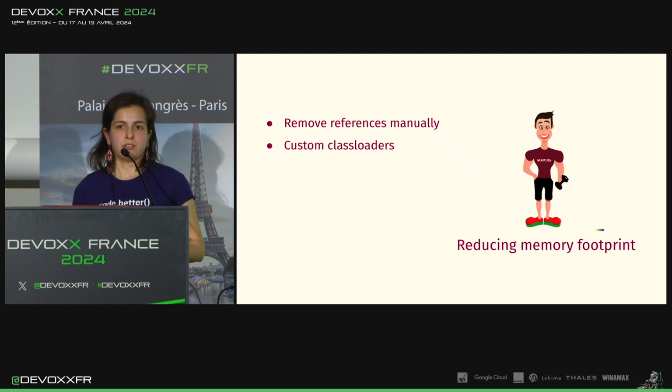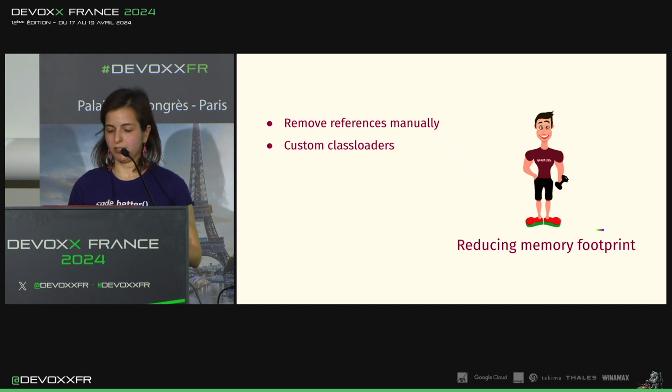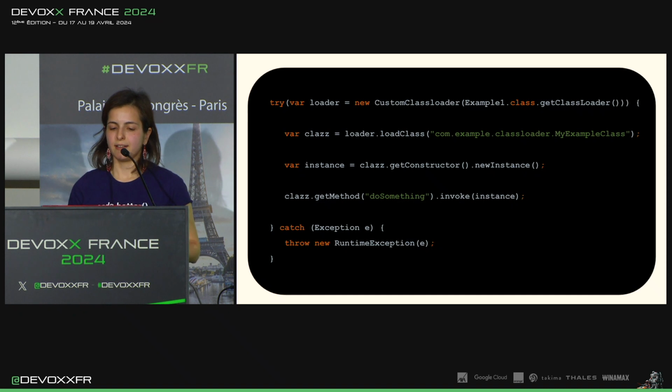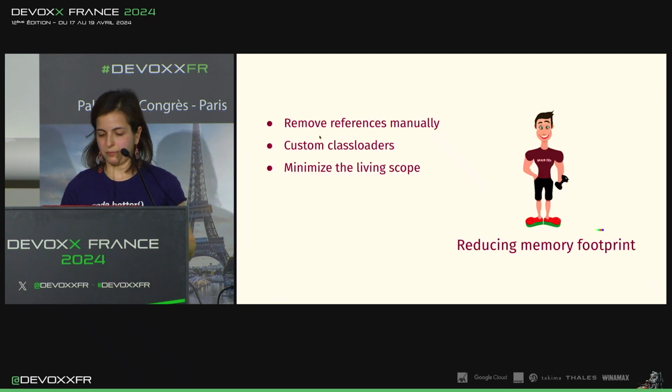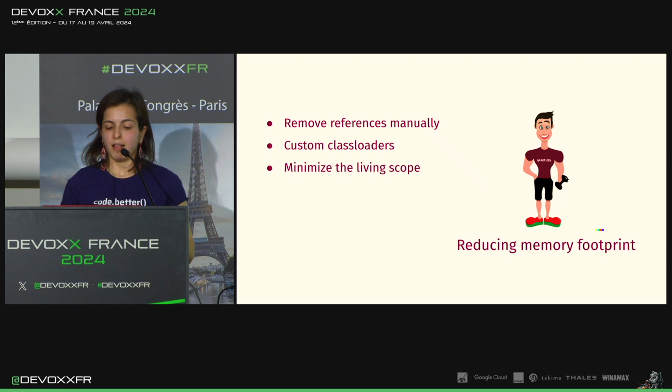Custom class loaders will help, but it comes with a price that you have to maintain the custom class loader, and if you need some classes again, you have to load and unload, and that might not be worth it. But this is an example of how you can write a custom class loader. You see that here you maintain the reference to it, and once it's garbage collected, all your statics are garbage collected.